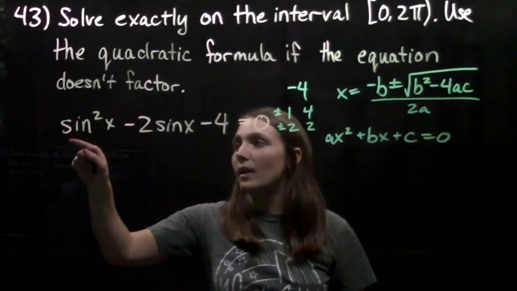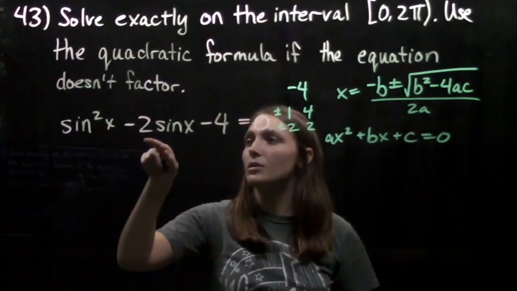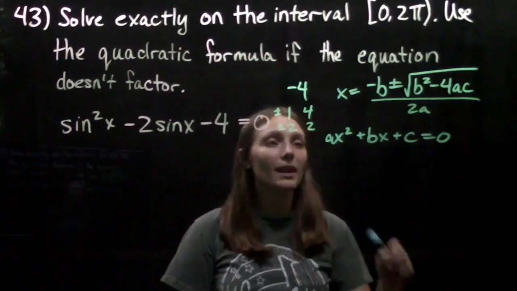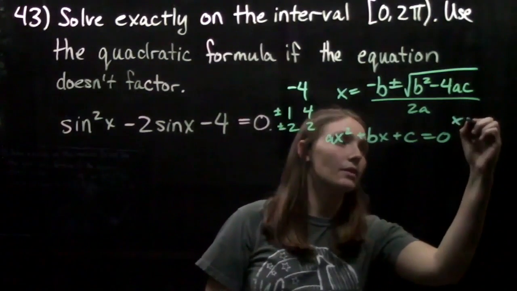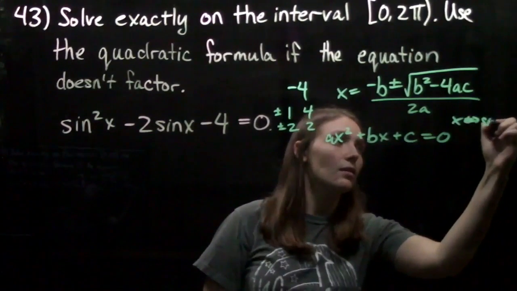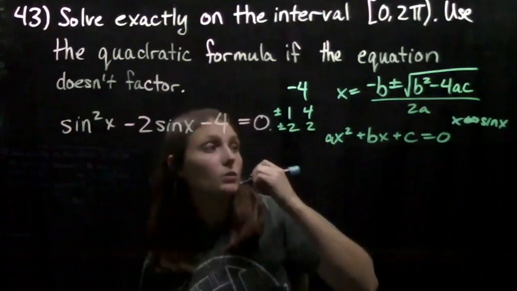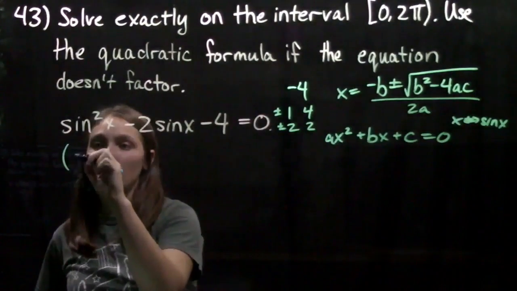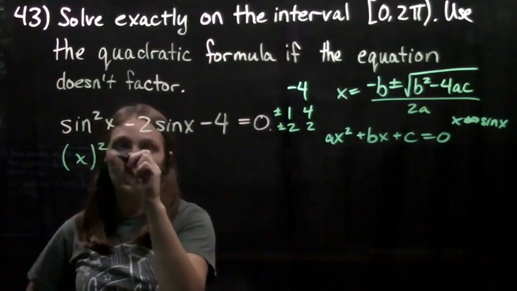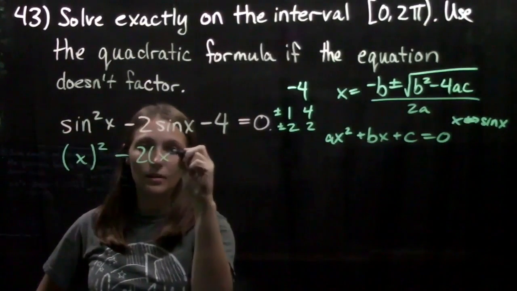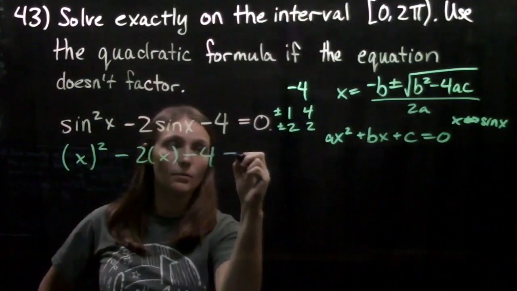Now we notice that we have a sine squared minus 2 sine minus 4. So what we can actually do is effectively have an x stand in for a sine of x. So when we translate this, our sine squared of x becomes x squared, and here it becomes an x, and here it will become a 4.